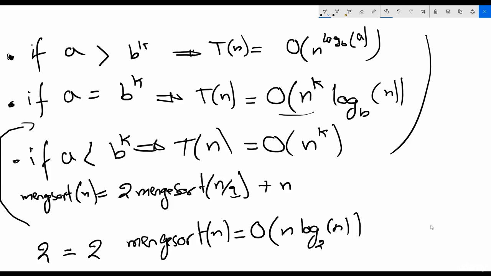And that's basically true. The complexity of the merge sort is n log n, log 2 of n.